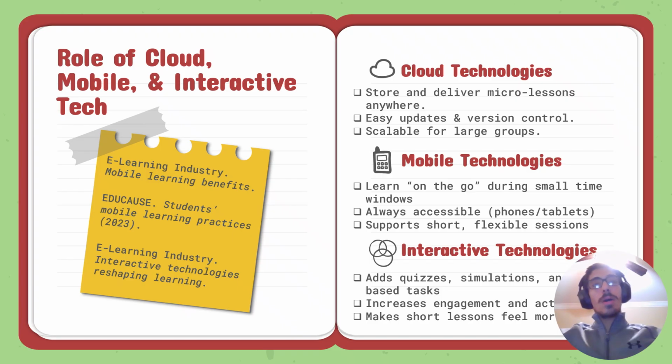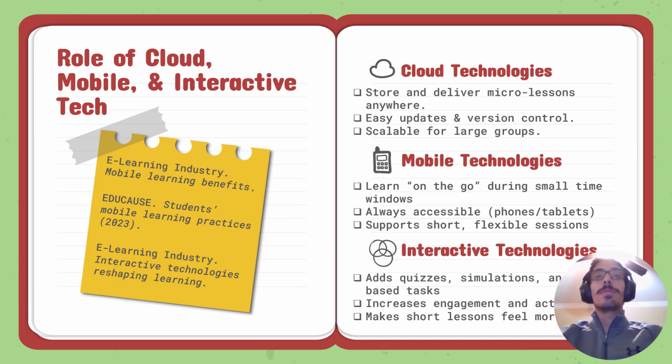So now let's look at the technologies that enable microlearning. Cloud technologies make it possible to store and deliver micro lessons from anywhere. They also allow quick updates, version control, and scalability, which is helpful when you're reaching large groups of people. Mobile technologies support microlearning because they allow learners to study on the go.